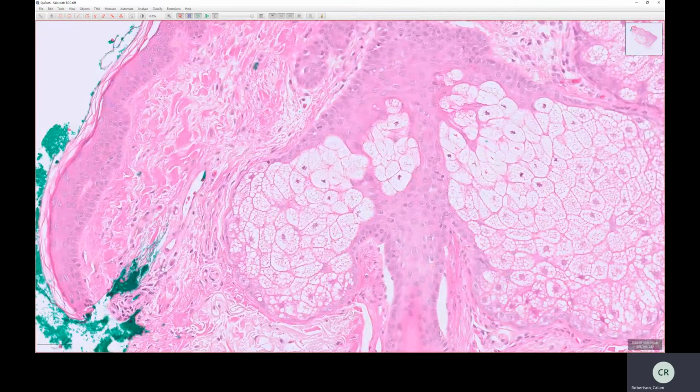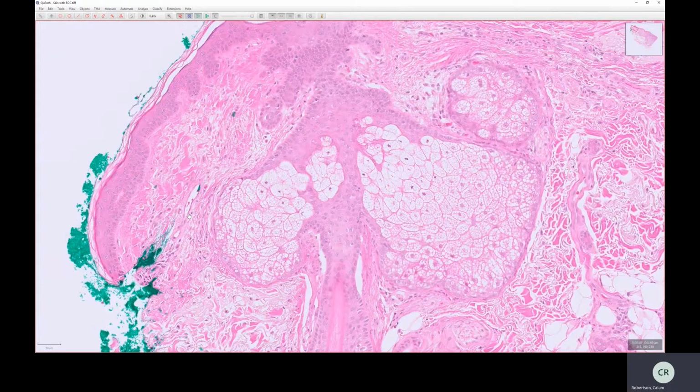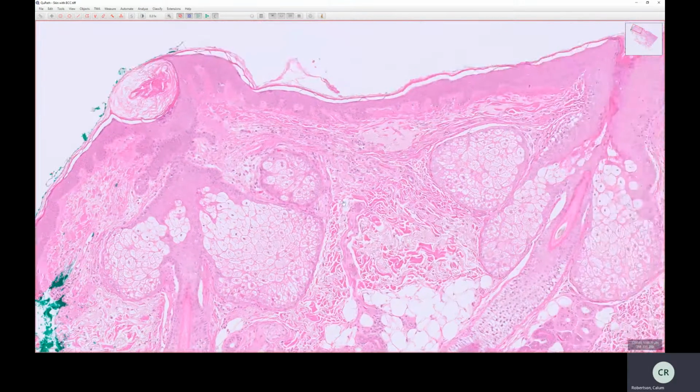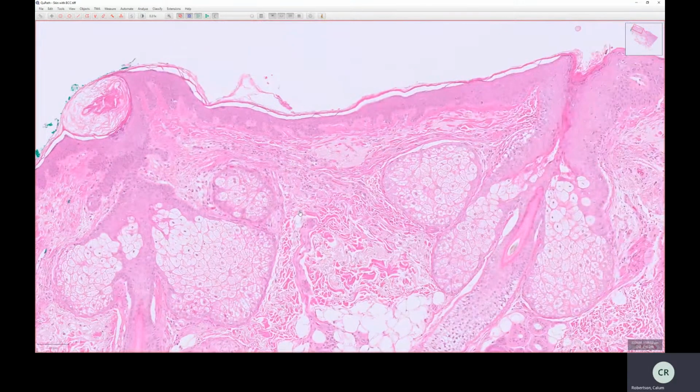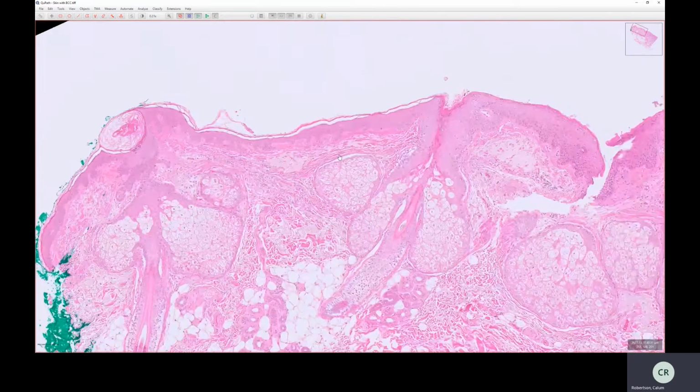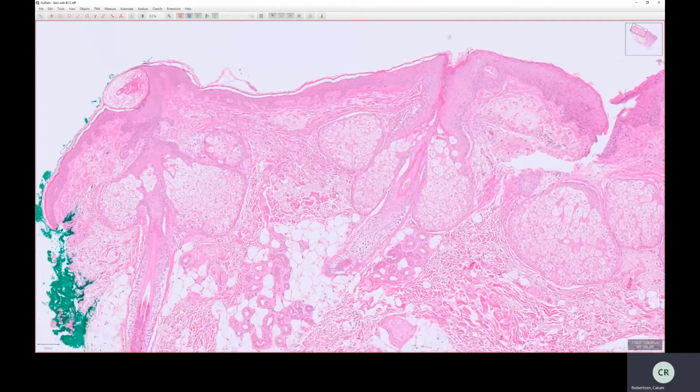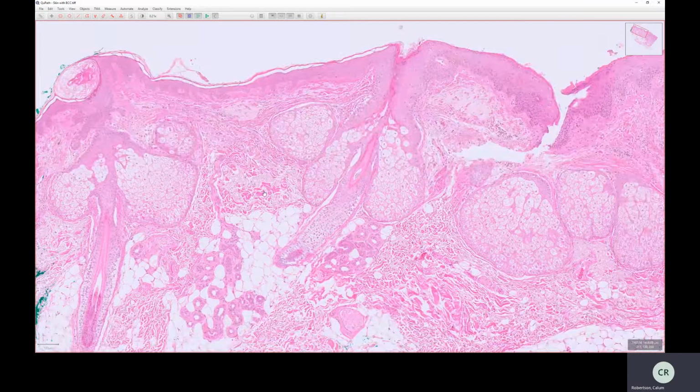That's probably running along the vascular plexus, which separates the papillary dermis above it from the reticular dermis below it. But sometimes it's not quite so obvious to tell exactly where the junction is. And below that is the reticular dermis. I don't think there's a great deal to say about that.